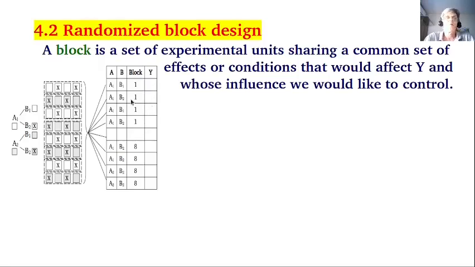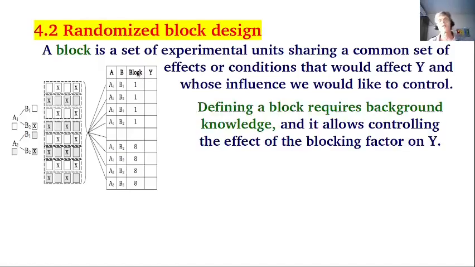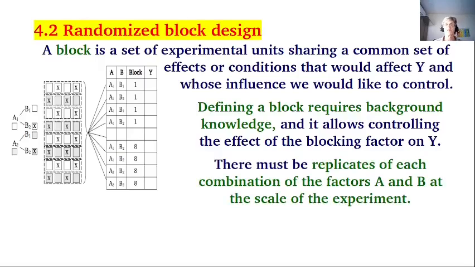So our model now has three categorical explanatory variables, two denoted as A and B, and the other denoted as block. Defining a block requires, of course, having background knowledge of conditions that we know beforehand would affect the response variable, and therefore, based on this background knowledge, we would like to control the effect of this blocking factor or nuisance variable.